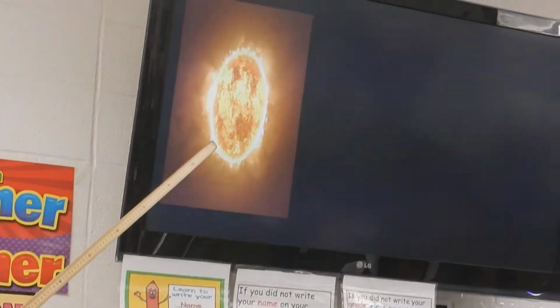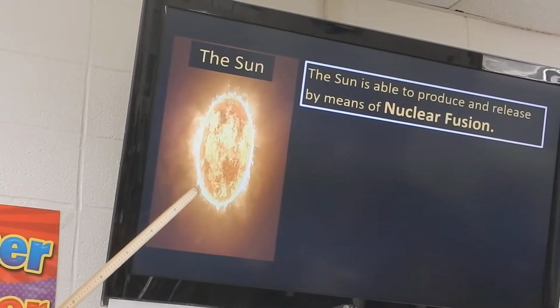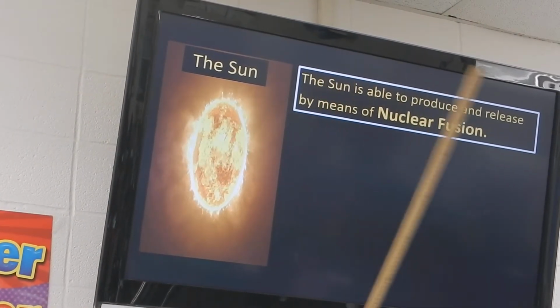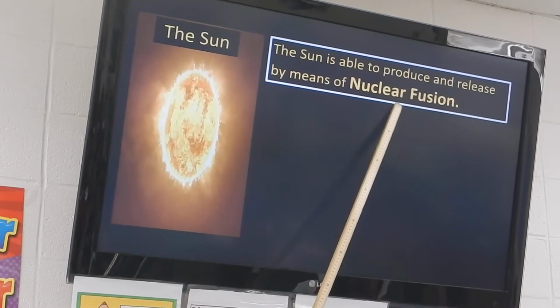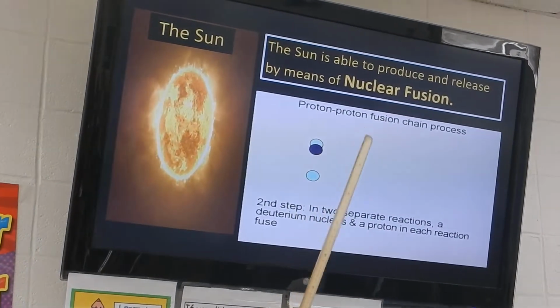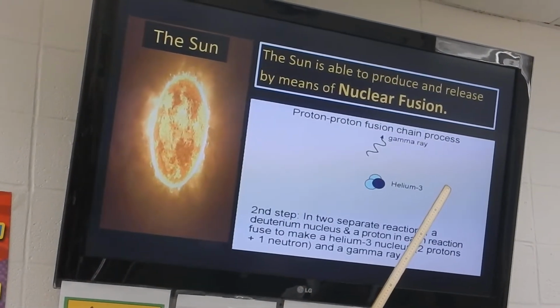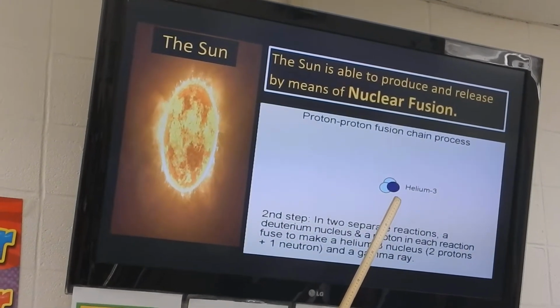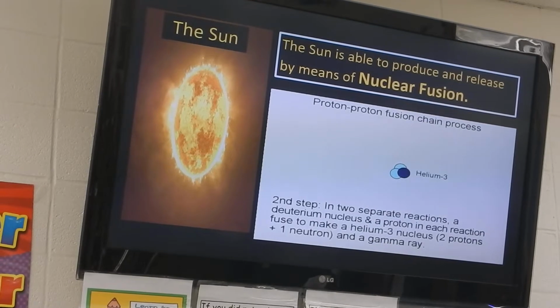Now, this is our sun right here. The sun is able to produce and release energy by means of nuclear fusion. And this is how the process happens. Two atoms combine, producing helium and releasing a lot of energy.